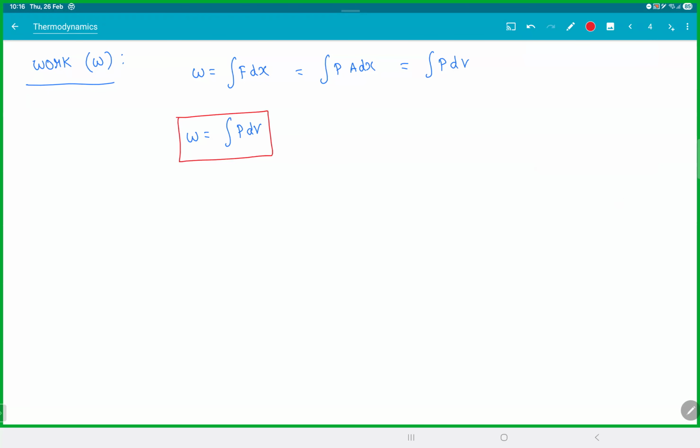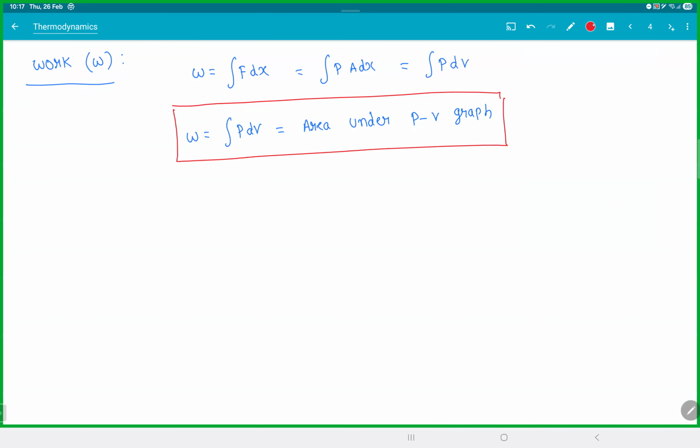Now listen to this. This is important. If you take the area under the curve, this is also the area under the PV graph. Now since pressure and volume cannot be negative, the graph will exist only in the first quadrant. So how do you decide the work is positive or negative?